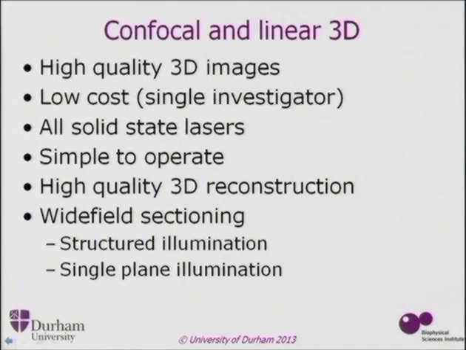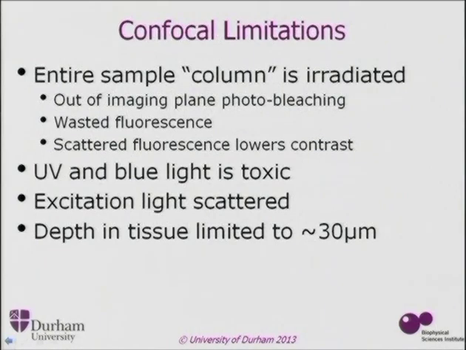So you sort of go, well, that's perfect. What's wrong? Well, for a start, we're illuminating, as I showed in that previous slide, a large volume of tissue, and we're only taking the light from a very small volume. So we're wasting a lot of light. As you get scattering, the photons bounce all around and they blur out. We start losing contrast.